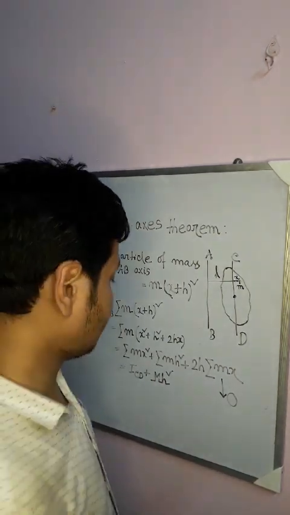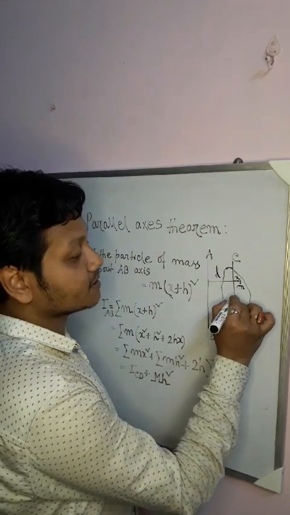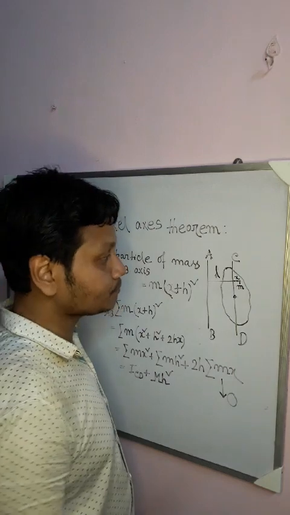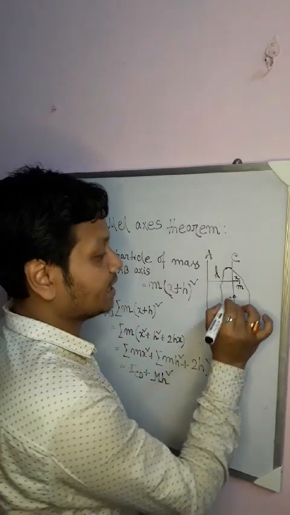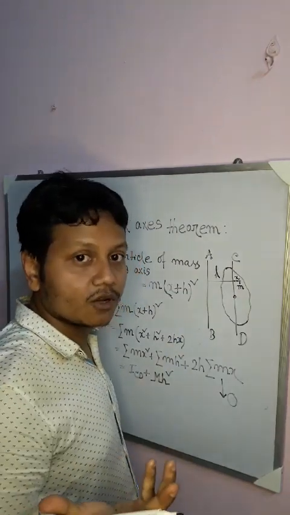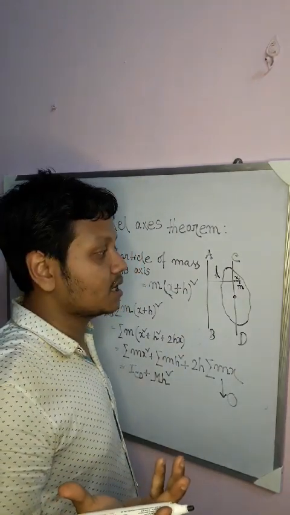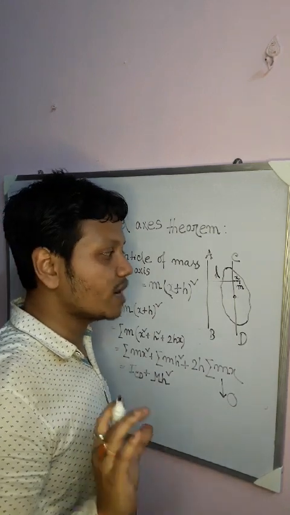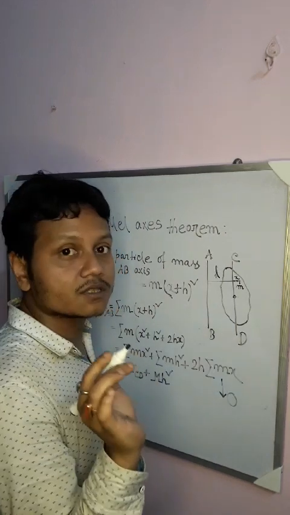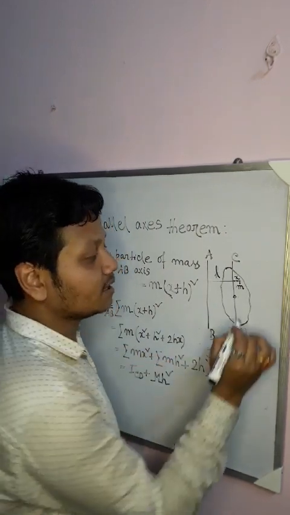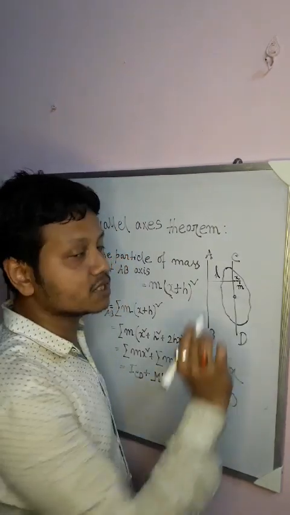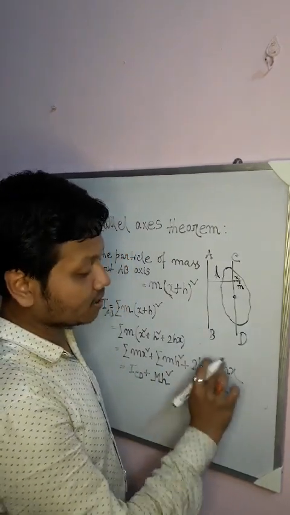Why? Because here we consider this as the center of gravity or the center of mass. If you just take the particle at a point on this axis, then x is 0. That means the sum of the moments of weights of all particles about this axis is always 0. Therefore for the entire body this term cancels.